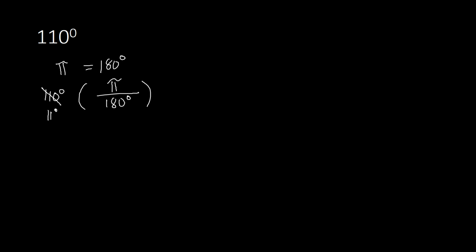And then 180 degrees divided by 10 is equivalent to 18 degrees. So canceling the degree unit here, this will now be equal to 11 pi over 18. So that will be our angle measure in terms of radians.